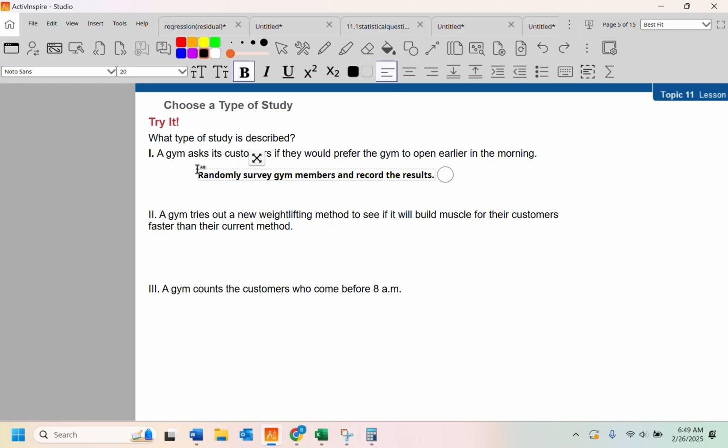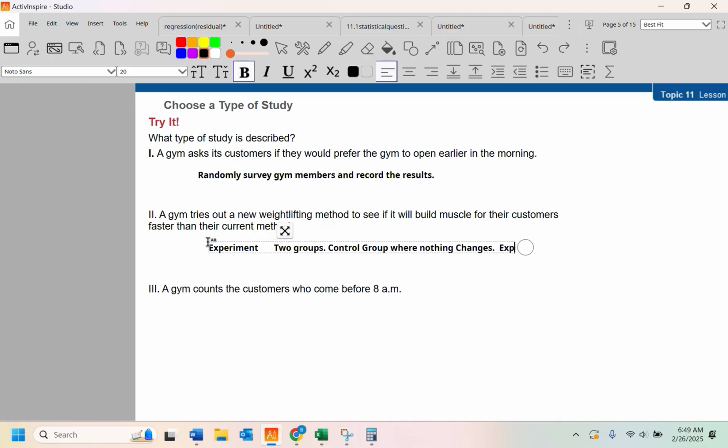Number two, a gym tries out a new weightlifting method to see if it will build muscle for their customers faster than their current method. Well, this is definitely an experiment. All right. What we're going to do is have two groups. We'll have a control group where nothing changes.